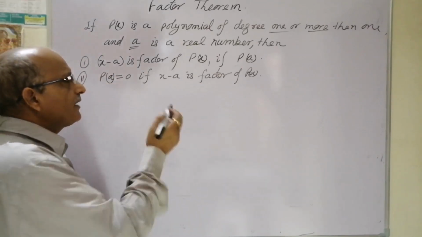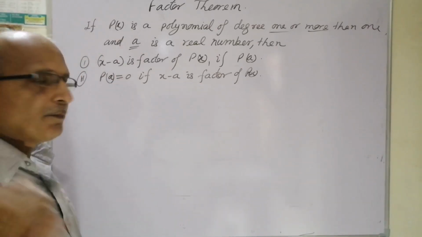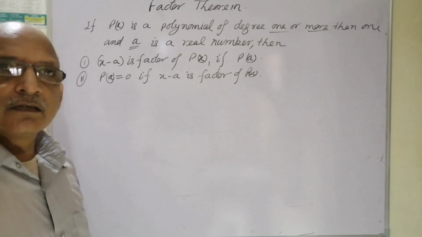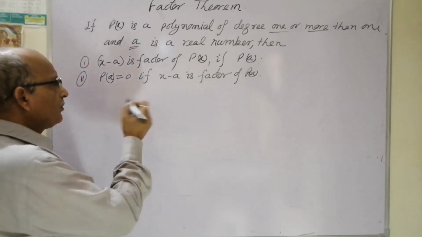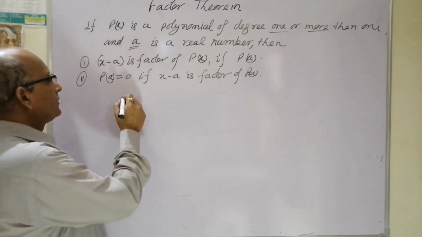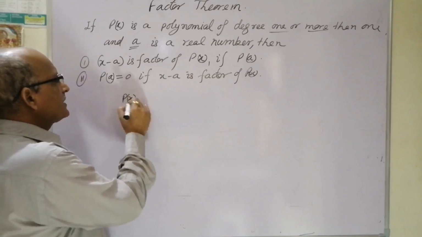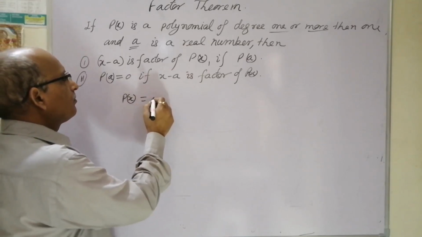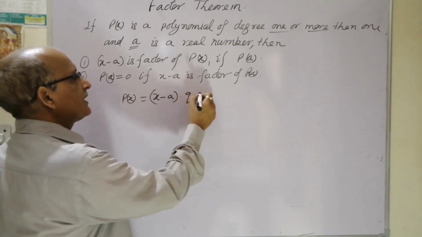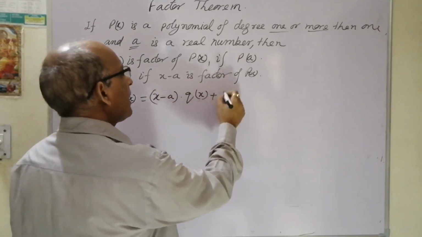So first of all, we are going to consider p(x) and the division law you people have learned in class, I think 6th or 7th. We know that dividend is equal to divisor into quotient plus remainder. So p(x) is equal to, say, (x minus a), the divisor, into quotient, say q(x), plus r(x).